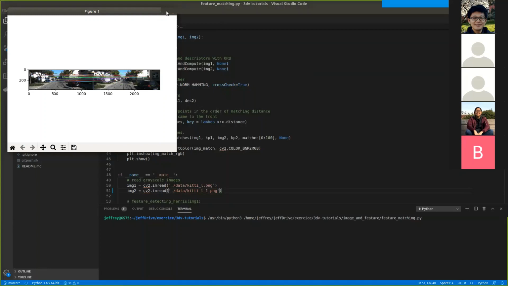This is a little bit similar to what we did in the previous one. Previously we drew the epipolar lines, but this time we just connect the correspondences with lines. This one is not an epipolar line. It's just a connection between the two feature correspondences shown here.